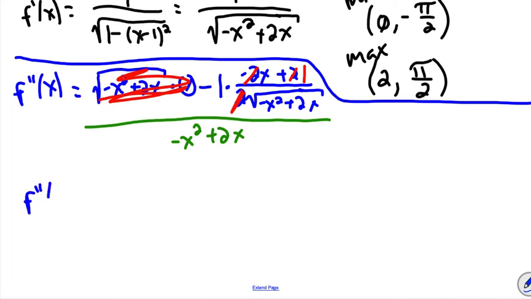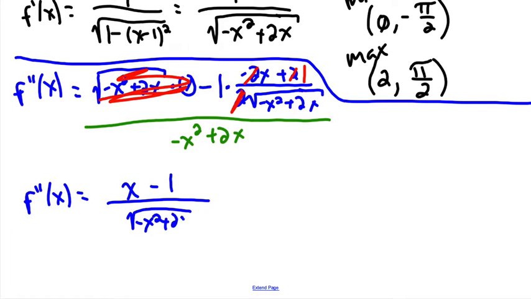So f double prime of x is equal to, distributing the negative through, x minus 1 over the square root of negative x squared plus 2x, with the big denominator being negative x squared plus 2x.